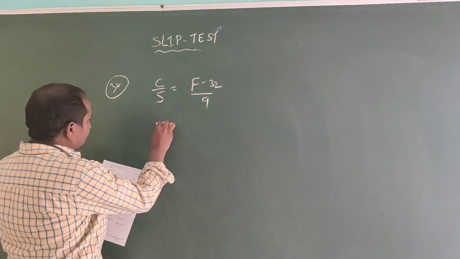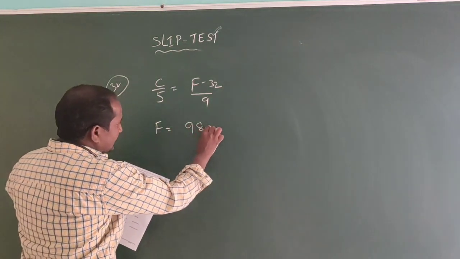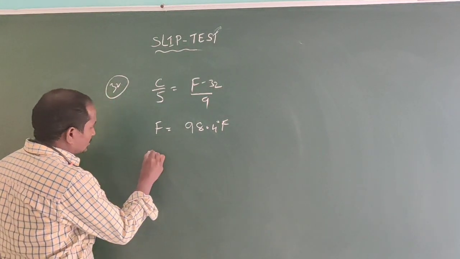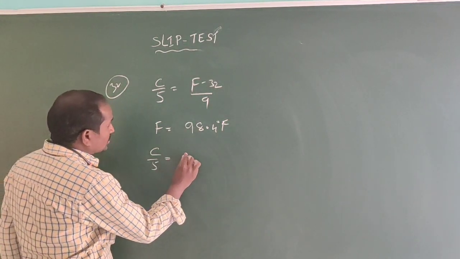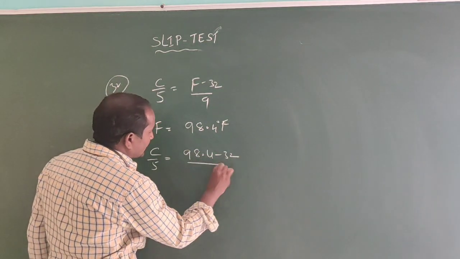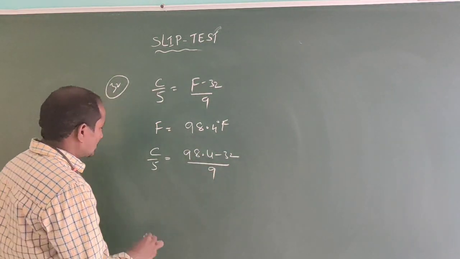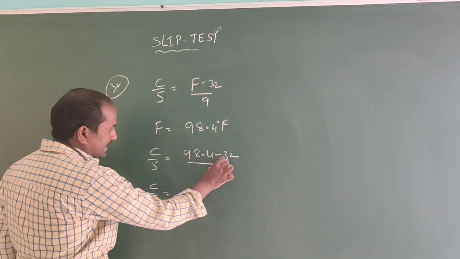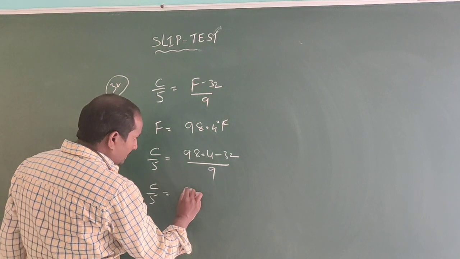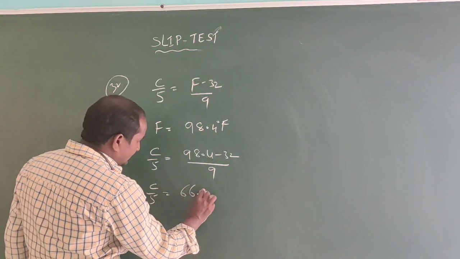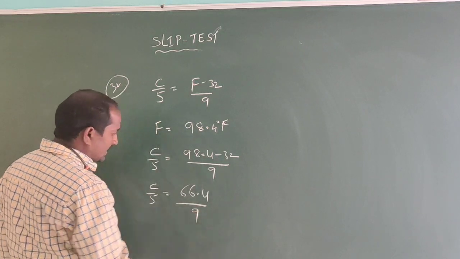Here F is given, F equals 98.4 degrees Fahrenheit. So C by 5 equals 98.4 minus 32 by 9, which is 66.4 by 9.